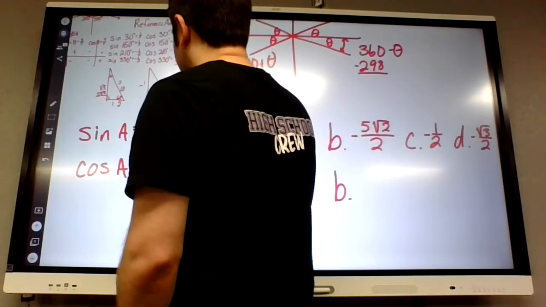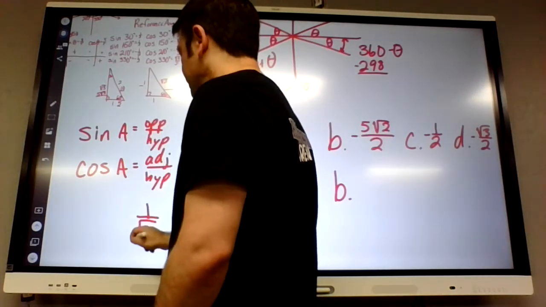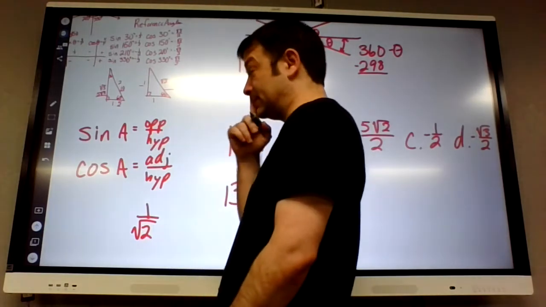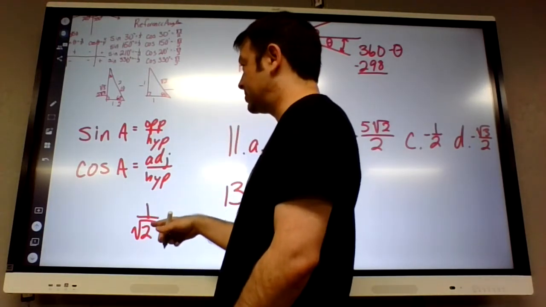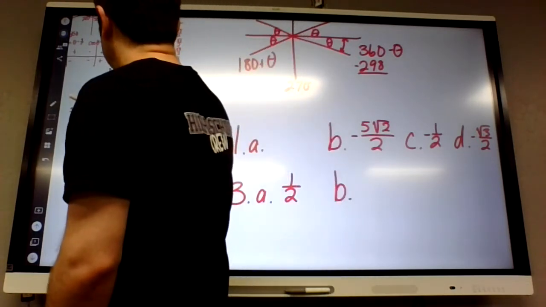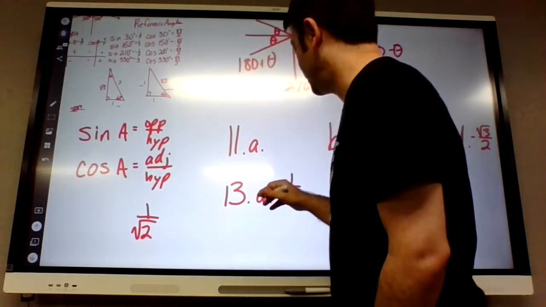Okay, cosine is 1 over square root of 2. My bad. My brain wasn't turned on, I looked at the 5. So multiply top and bottom by square root of 2, it's square root of 2 over 2.